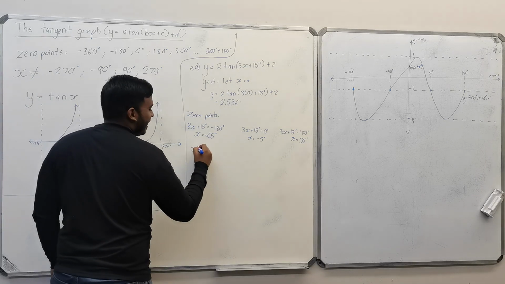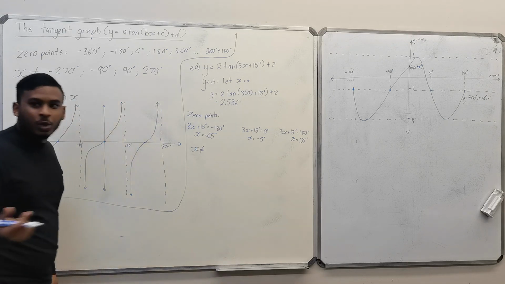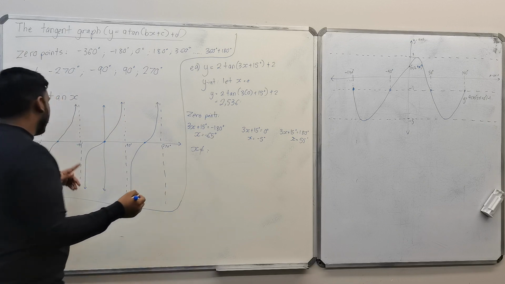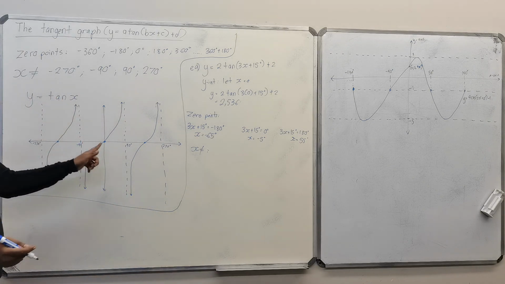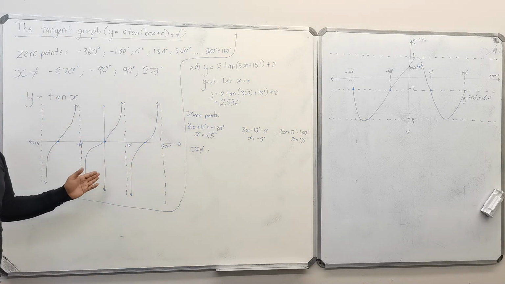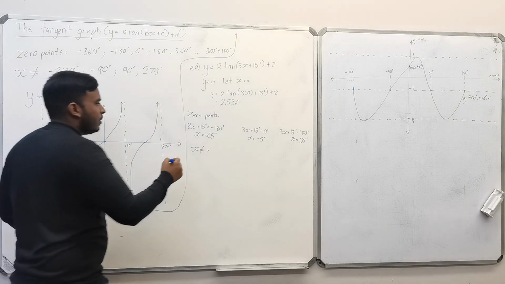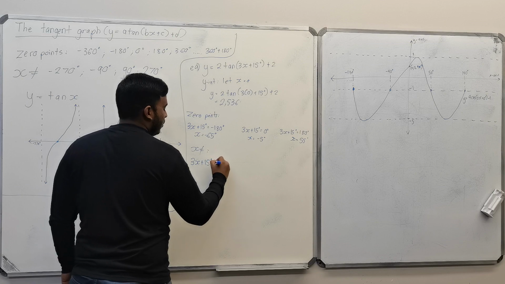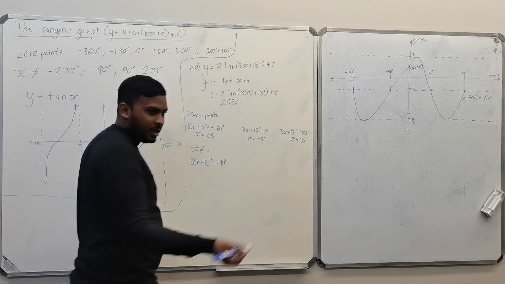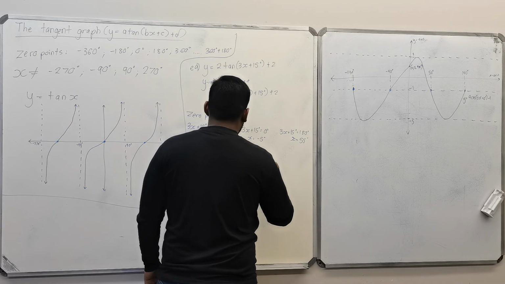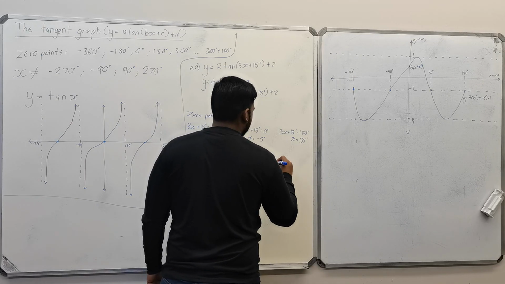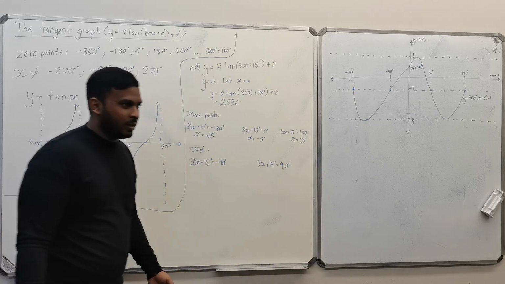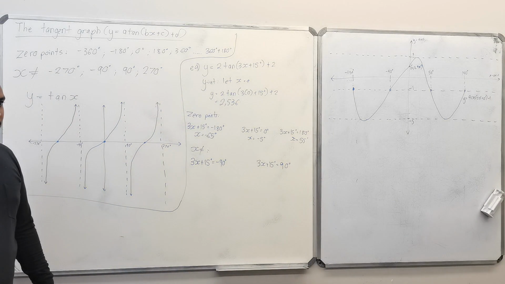So these are the values where x is not equal to a number. In this instance, I'm going to work out for minus 90 and 90, right? So it's going to be 3x plus 15 is equal to minus 90, and then 3x plus 15 degrees is equal to positive 90.